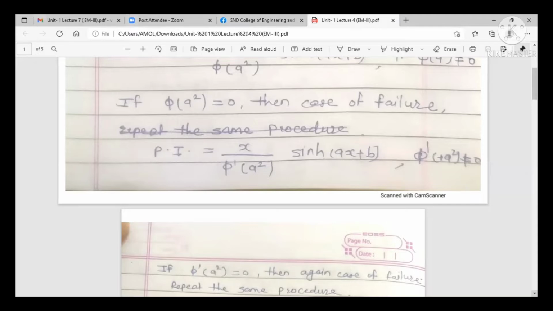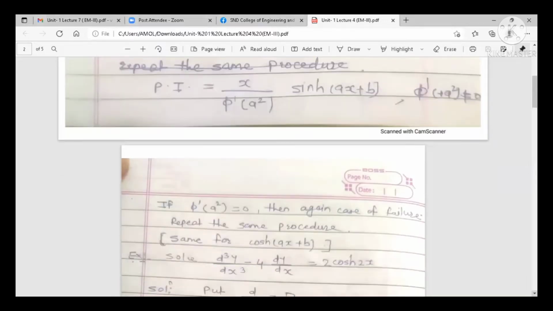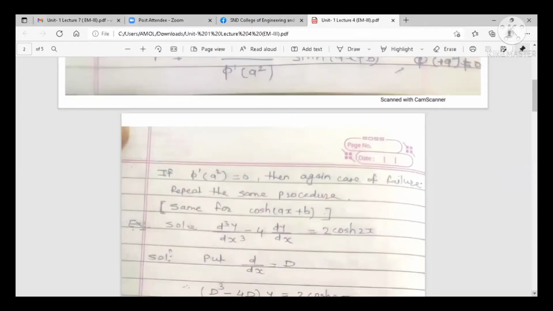So the PI in that case is x/φ'(a²) into sinh(ax+b). Again the condition is that φ'(a²) must be non-zero. If φ'(a²) is 0, then it is again the case of failure, and you repeat the same procedure to find the PI.